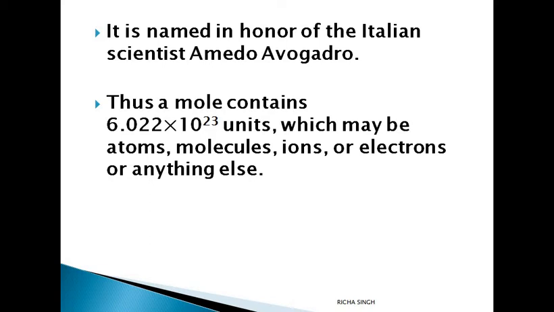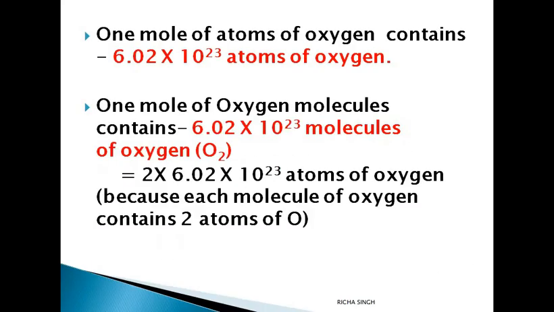Always remember that 6.022 into 10 raised to the power 23 can be atoms, molecules, ions, electrons, or anything else. If I say 1 mole, then the number is always equal to 6.022 into 10 raised to the power 23. Let's make it easier for you.